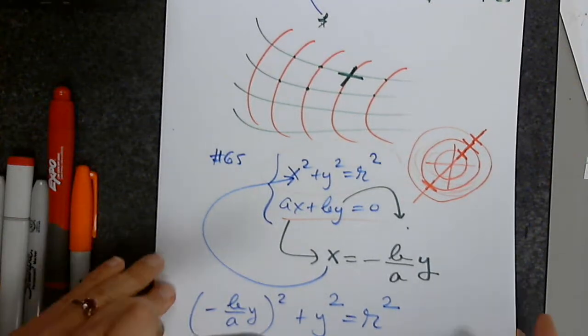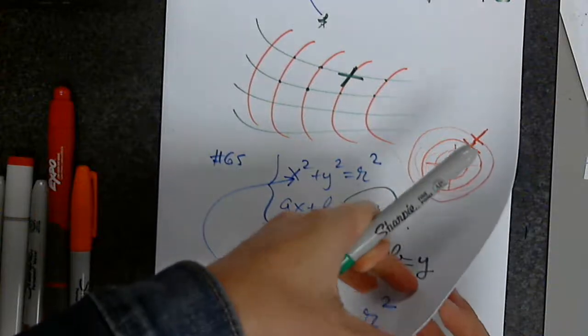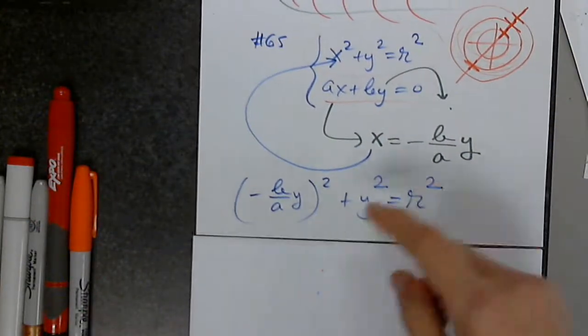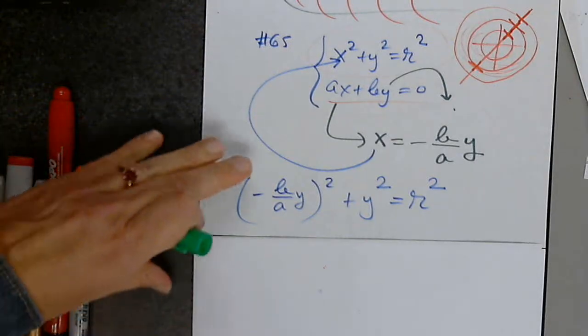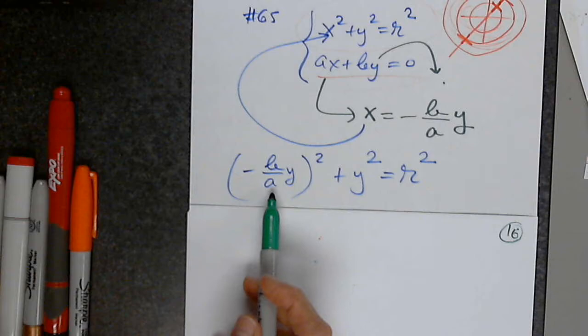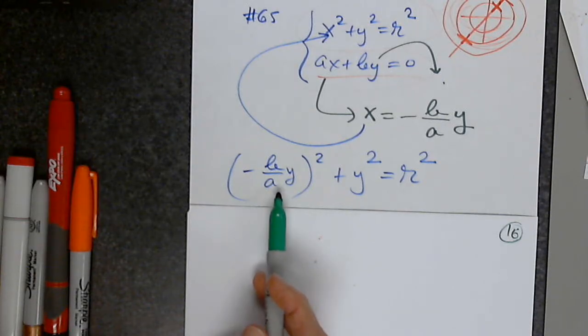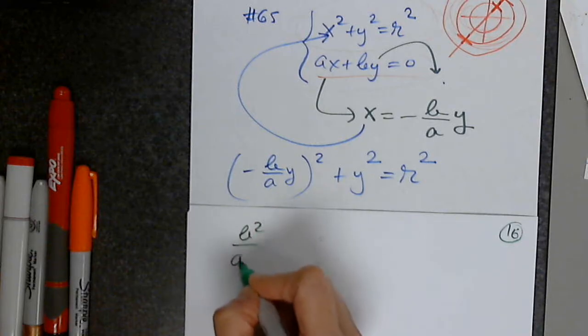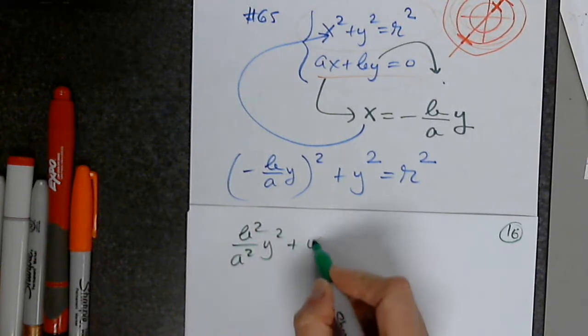I continue. I have to square negative b over a y. What do I get when I do that? What do I get when I square this? Good. Very good.